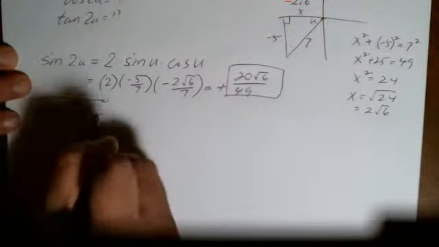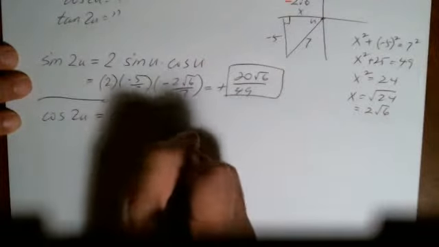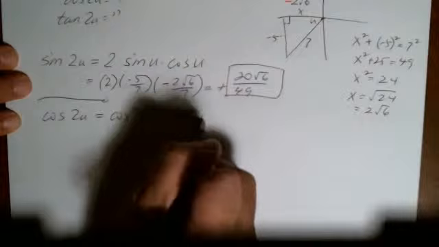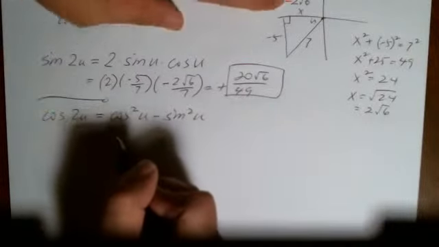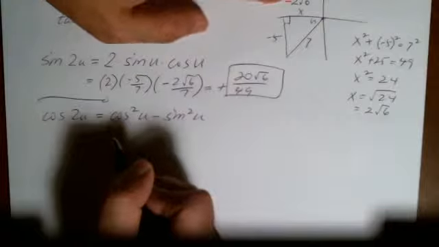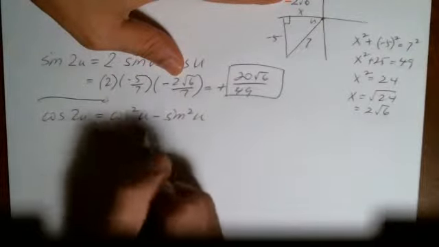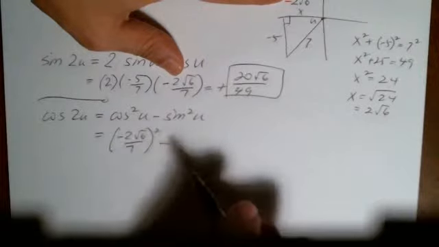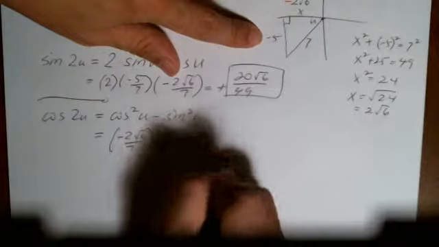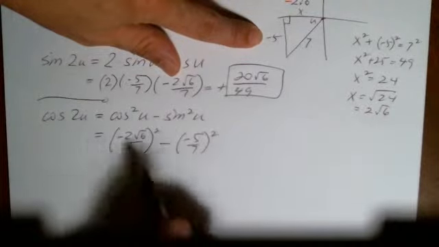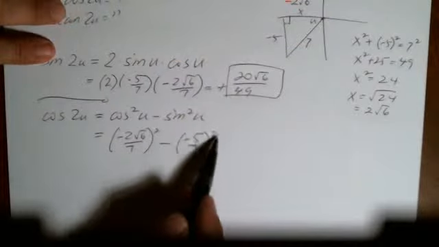Cosine of 2u is equal to cosine squared of u minus sine squared of u. So cosine of u is going to be -2 radical 6 over 7, and we're going to square that, minus sine squared of u. Sine of u is -5 over 7, and we're going to square that.